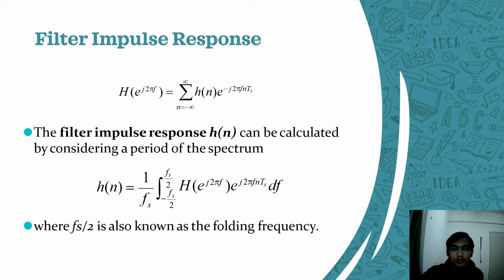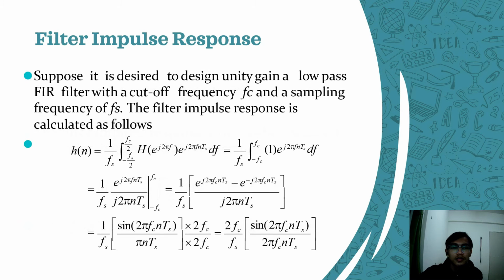You can see the equation. This is the filter impulse response h(n) that can be calculated by considering a period of the spectrum. Fs over 2 is also known as the folding frequency. Suppose it is desired to design a unity gain low-pass FIR filter with a cutoff frequency Fc and a sampling frequency of Fs.